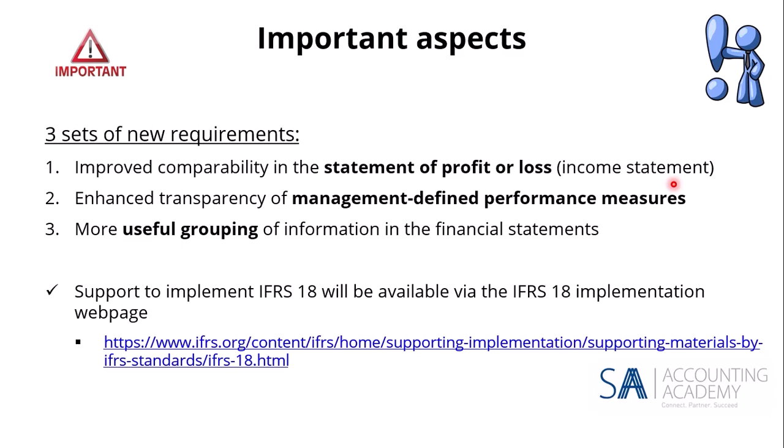So a lot more across the board requirements to set the information out in a certain way so that certain line items can be compared to one another, and you don't have to go and add this back and add that back before you've got items that are comparable. So yes, there's a lot of changes to the statement of profit and loss.